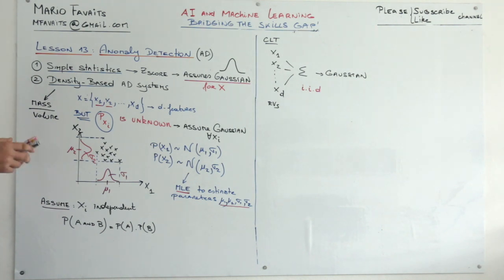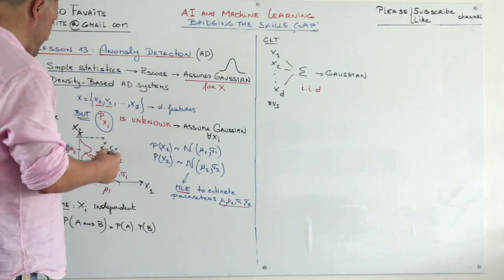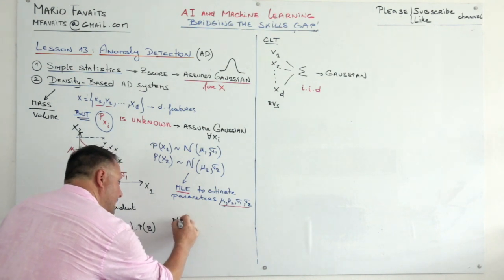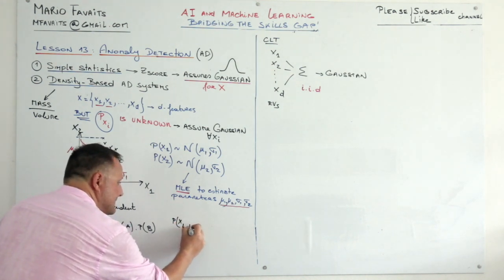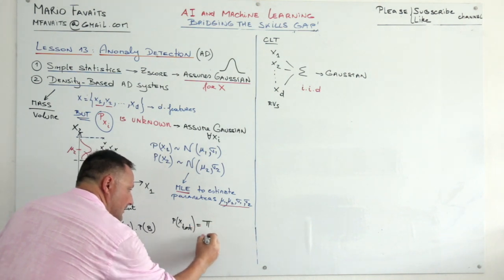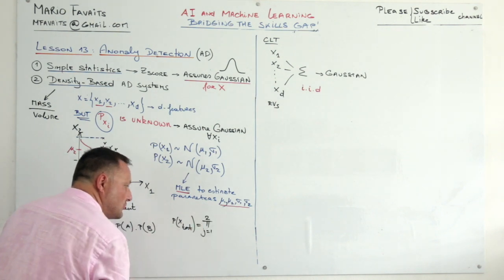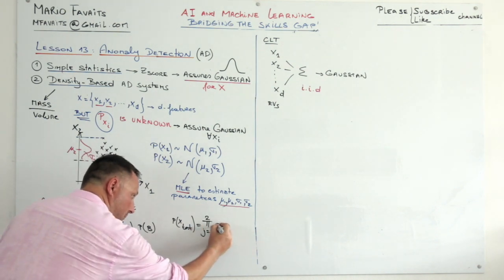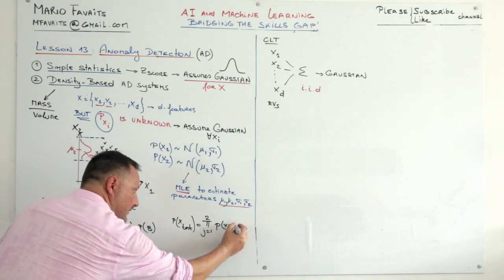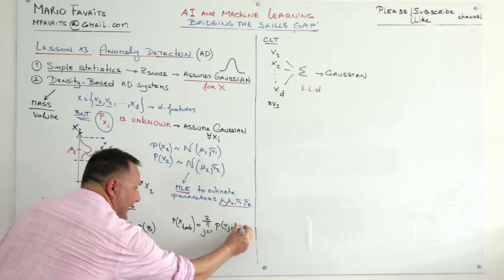That means the probability of a point x test equals the product of j equals 1 to, in this case, 2, of the probability of xj with parameters mu j and sigma j.